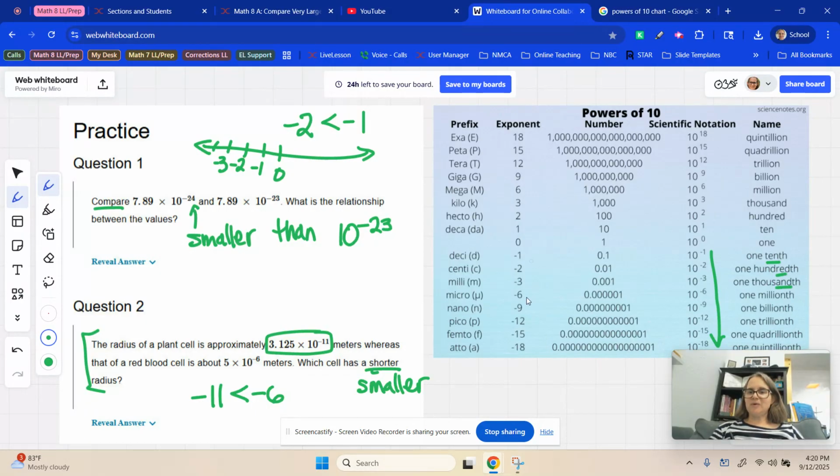Okay, and then they start going by threes here, right? 1,000 to million, in our normal numbers, would be going from the third power to the sixth power. So here we go from the -3rd power to the -6th, and we go from 1,000th to 1 millionth. Okay, and then to a billionth and a trillionth and a quadrillionth.